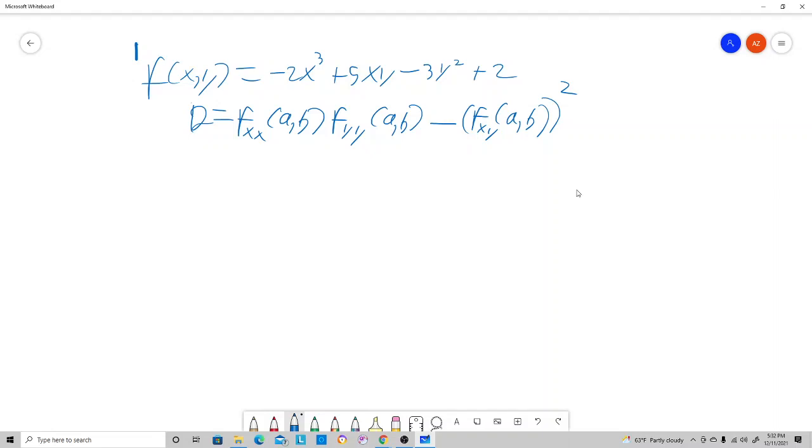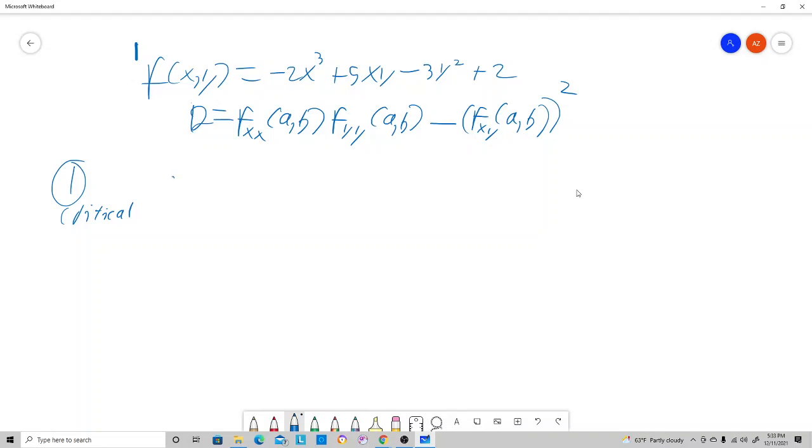But the first thing we want to do is find the critical points. So how do we find the critical points? If you remember, you just take the derivative and set it equal to 0. It's the same concept, except we're doing it with partials.